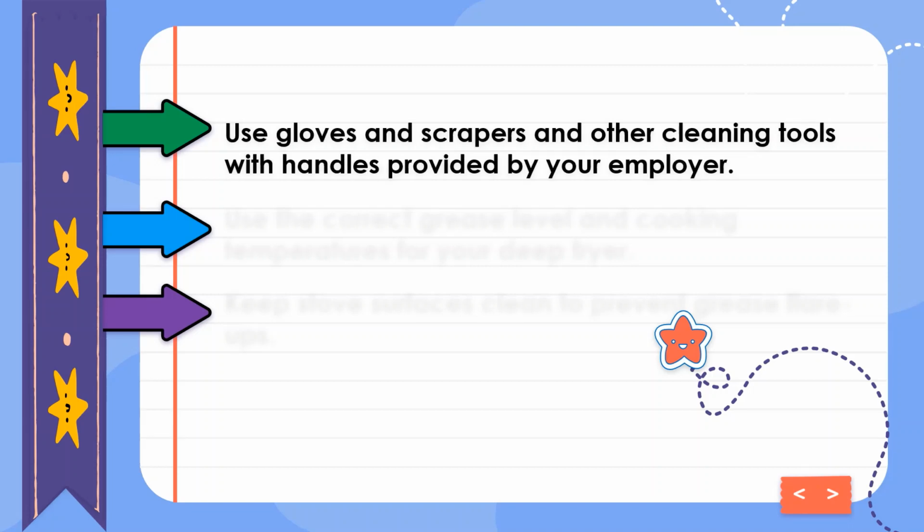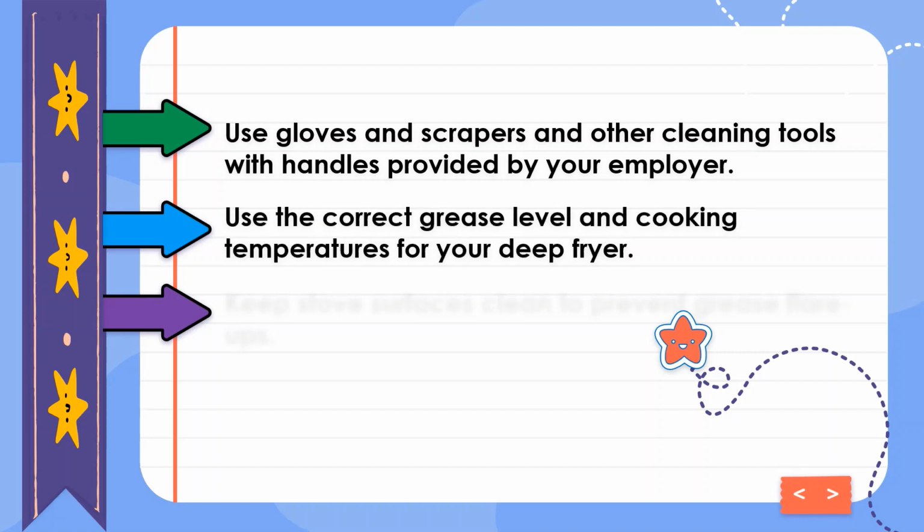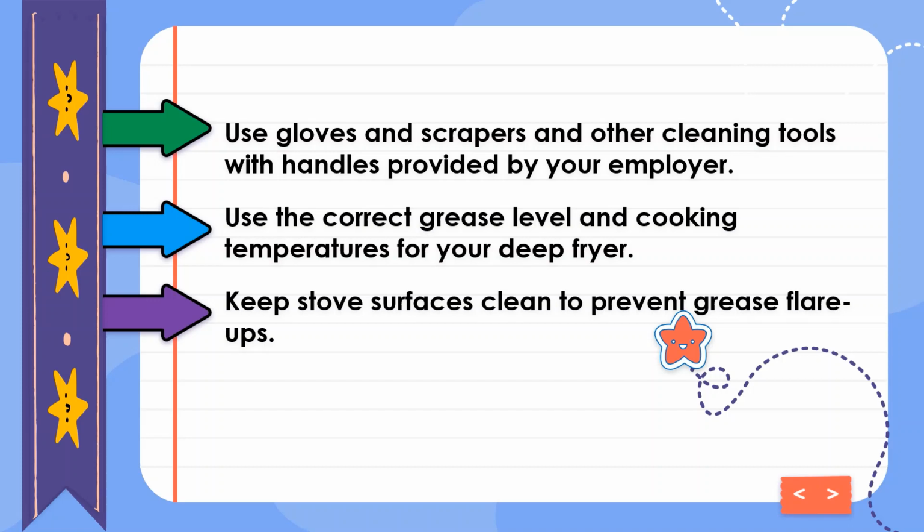Use gloves and scrapers and other cleaning tools with handles provided by your employer. Use the correct grease level and cooking temperatures for your deep fryer. Keep stove surfaces clean to prevent grease flare-ups.